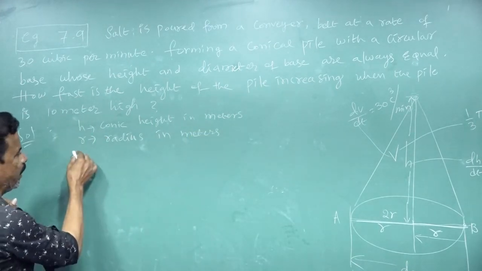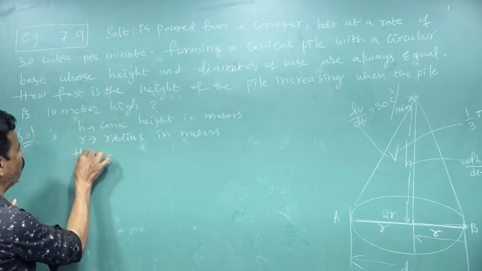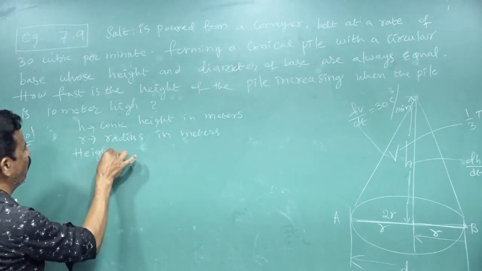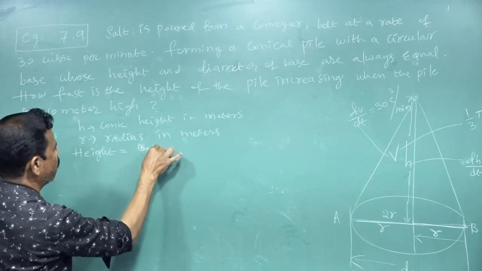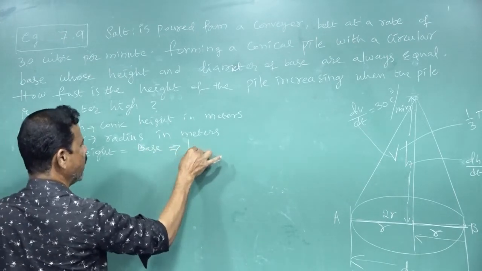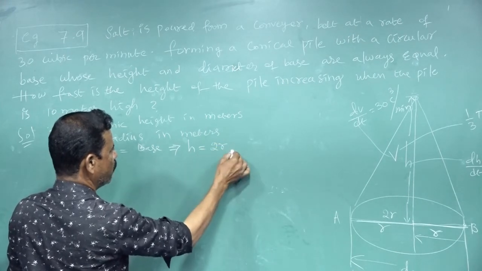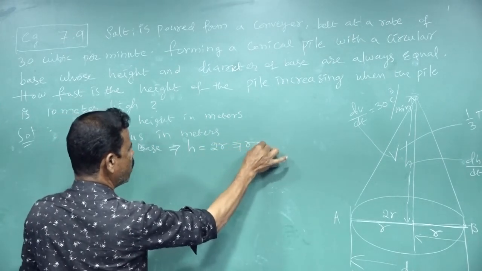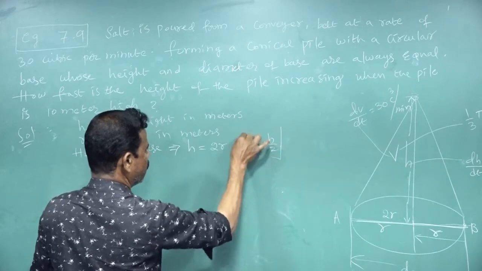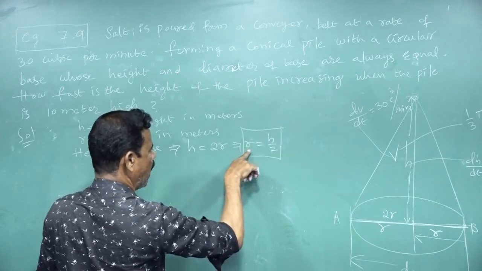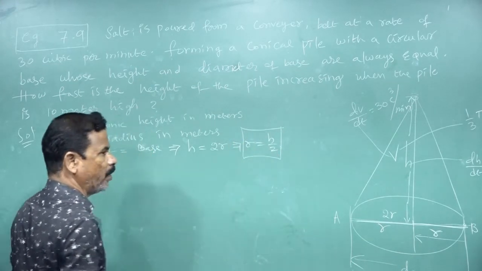After that, the condition: height is equal to base, given. This means height is h and base is the diameter, meaning 2r. From this, r is equal to h by 2. That is the relation in terms of r and h: r is equal to h by 2.